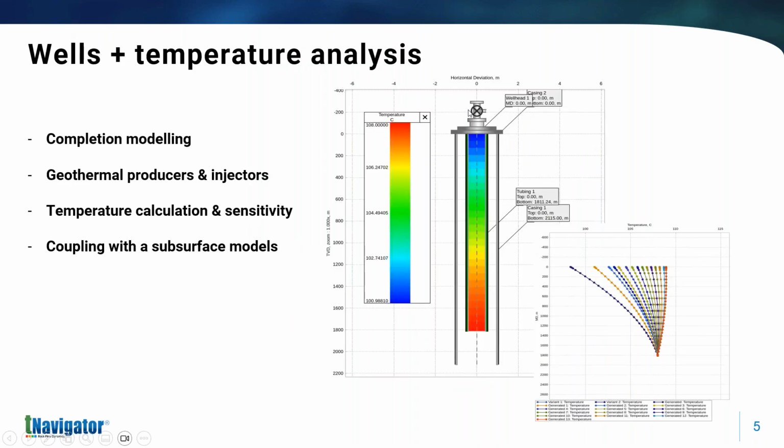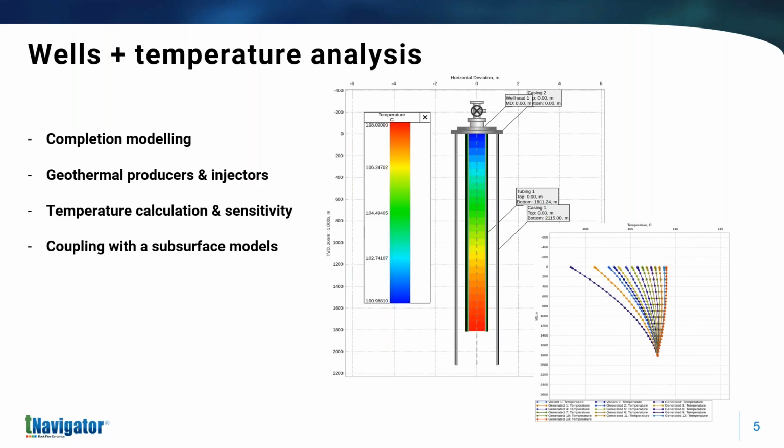Going to the next slide, we have a look at the well projects. Regarding geothermal, we can do the completion modeling, and afterwards we can investigate how the temperature distributes along the wellbore and what kind of temperature losses we need to take into account for that particular producer or injector.